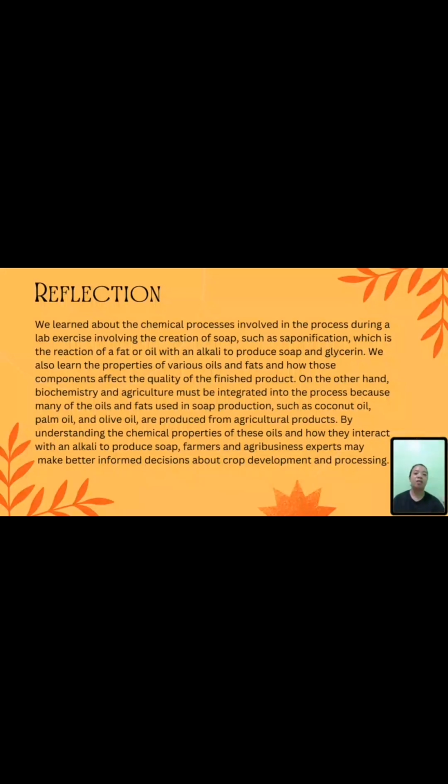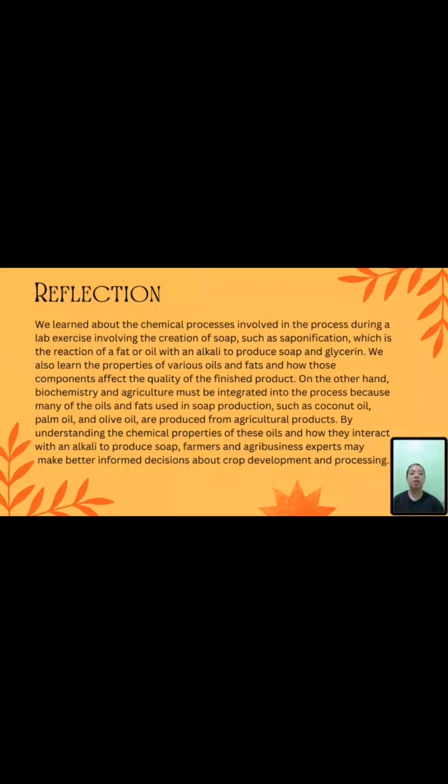After that, we learned about the chemical process involved during a lab exercise involving the creation of soap, such as saponification, which is the reaction of a fat or oil with an alkali to produce a soap and glycerin. We also learned the properties of various oils and fats, and how those components affect the quality of the finished product.